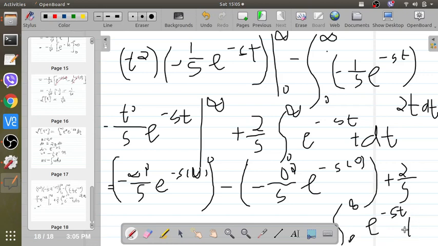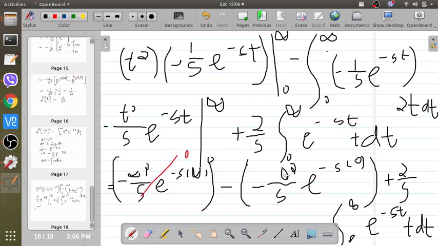So from this equation, infinity squared multiplied by e raised to the power of negative s times infinity is just equal to 0.